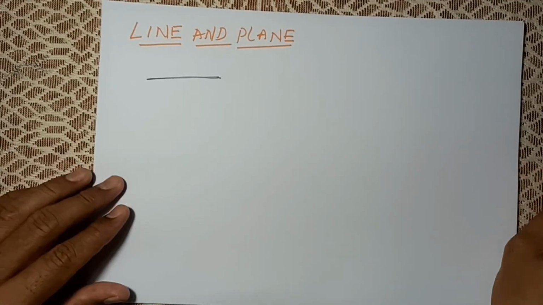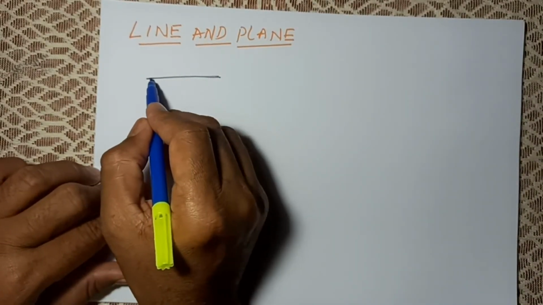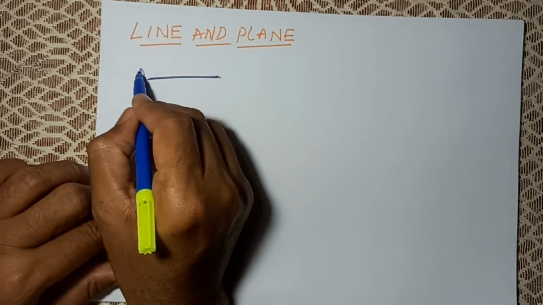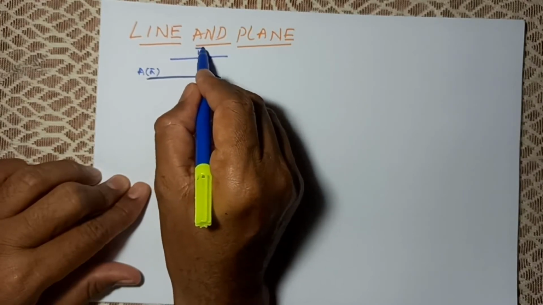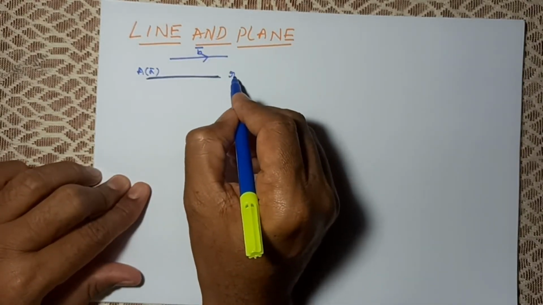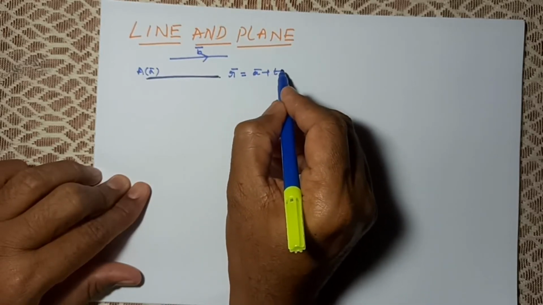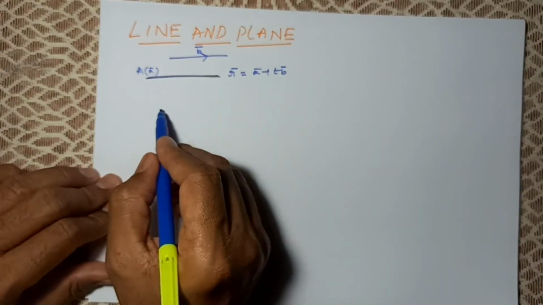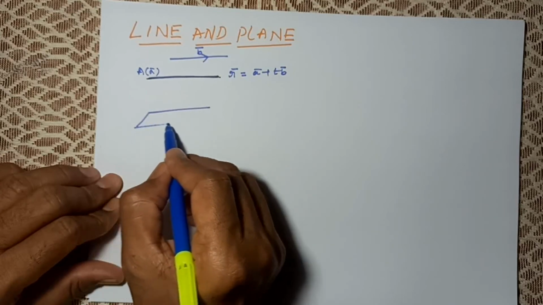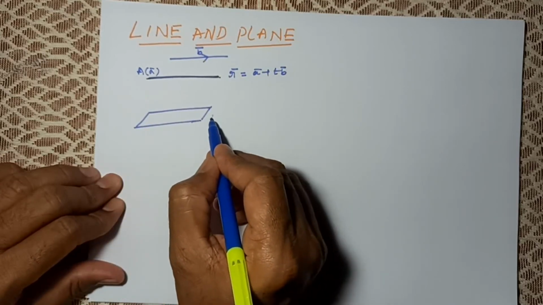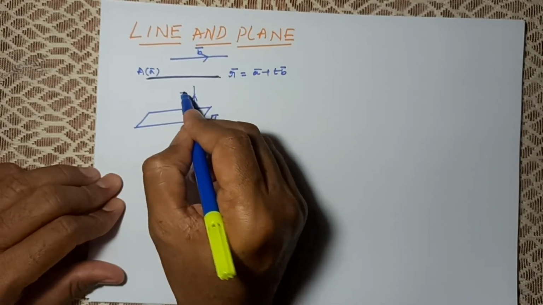Let us discuss line and plane. We know that a line is passing through the point A bar and parallel to another vector B bar. Then this line equation will be r bar is equal to A bar plus t B bar. If this line is parallel to another plane, suppose this is the plane, then this plane's normal will be n bar.